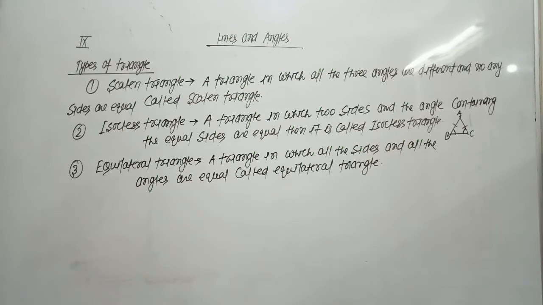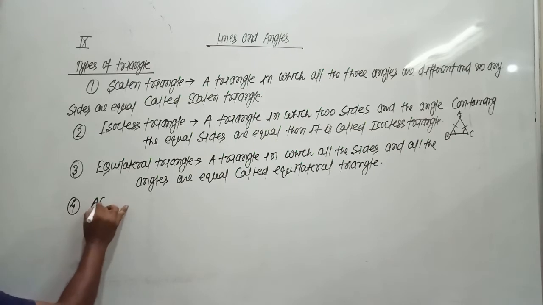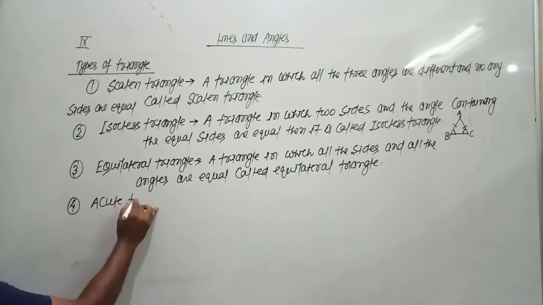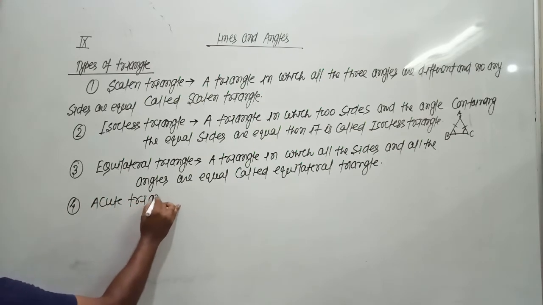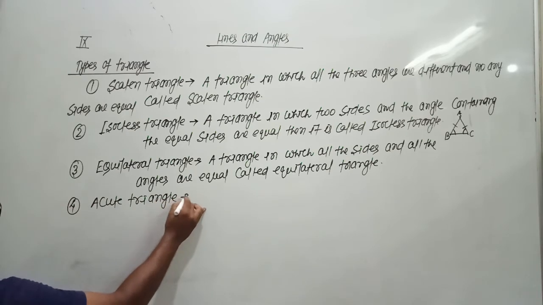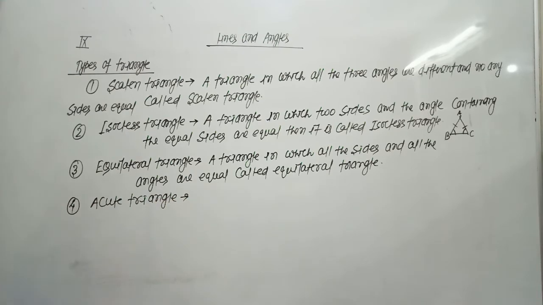Next is acute triangle. A triangle in which each angle is acute. Acute angle means less than 90 degrees.